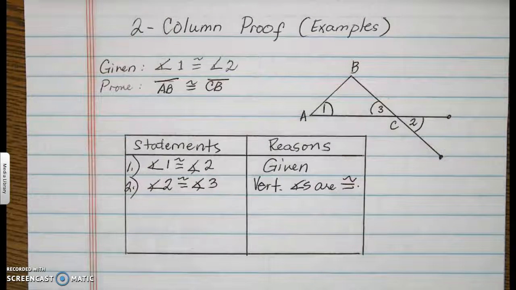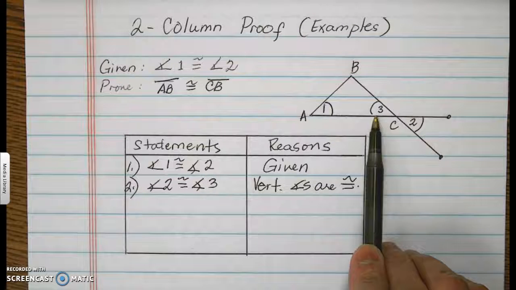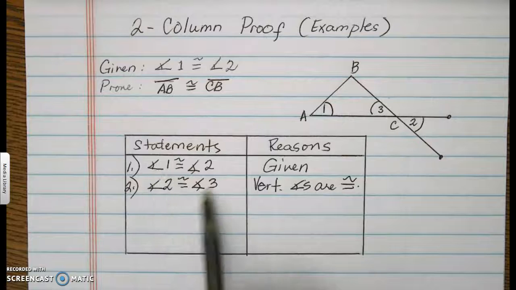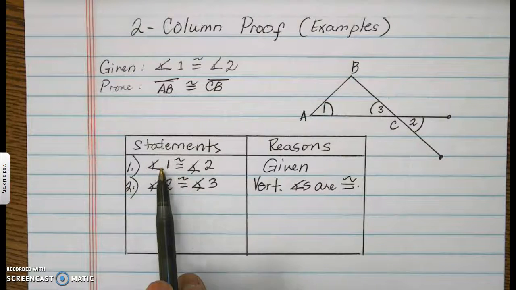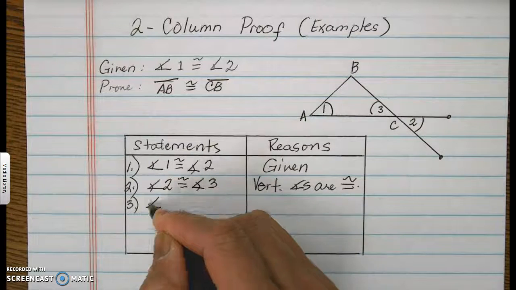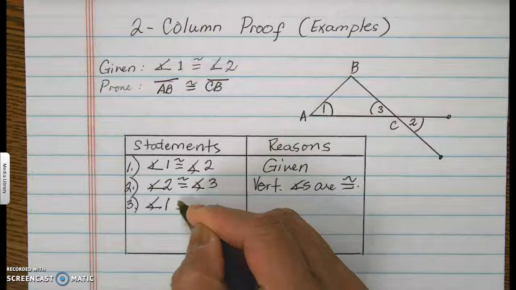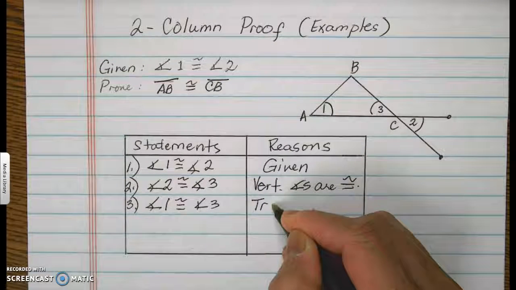Okay, and so now after establishing that these two are congruent, if I look at this, angle 1 is congruent to angle 2, and then angle 2 is congruent to angle 3, I can simply say that angle 1 is congruent to angle 3 by the transitive property of equality.